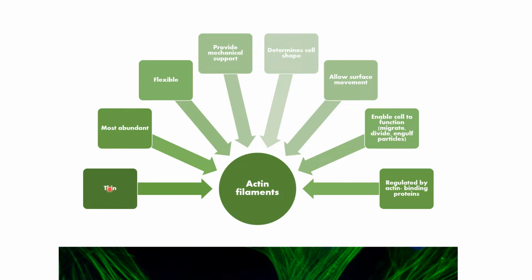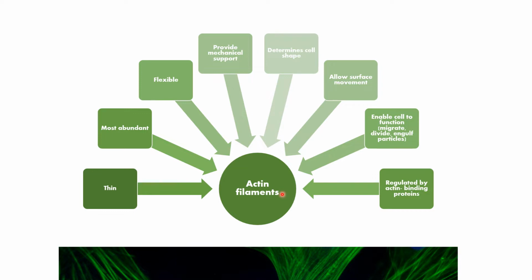As you see, thin, flexible. It's 7 nanometers in diameter and up to several micrometers in length. It's also called microfilament. There are two names for this actin filament. We can call it also microfilaments. It's organized into higher order structures to form a bundle or 3D network with properties of semi-solid gels.